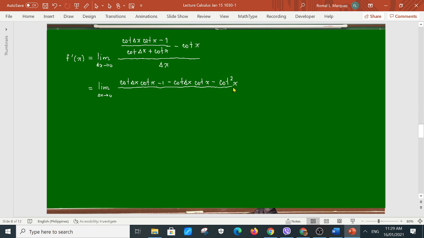Okay? All over delta x, but in the denominator there will be cotangent delta x plus cotangent x.